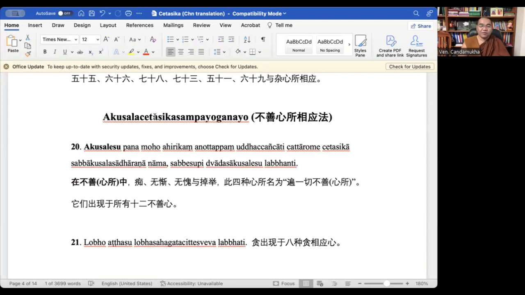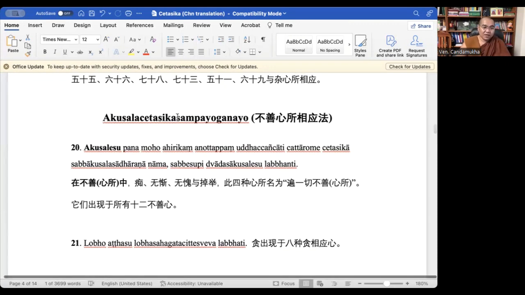Sometimes we say Akusala Kamma, unwholesome action, then it is very clear that the word refers to the action. Sometimes we say Akusala Citta, unwholesome consciousness only. Here it is Akusala Cetasika, unwholesome mental concomitant.